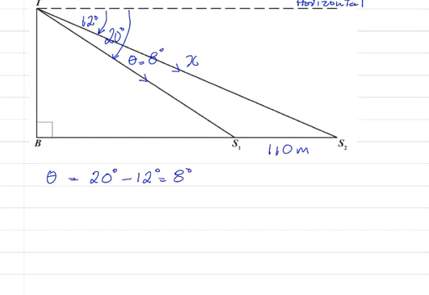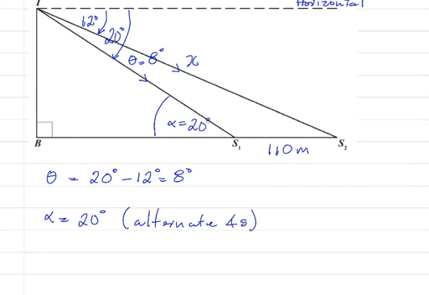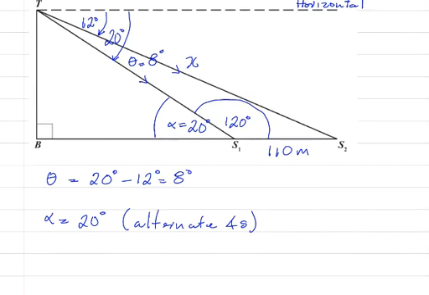Now, I could determine this angle here. I'm going to call it alpha. Now, alpha is equal to 20 degrees, alternate angles. So this angle here is 20 degrees. Now, if this angle here is 20, it means that this angle here is 160 degrees, because they're angles on a straight line.